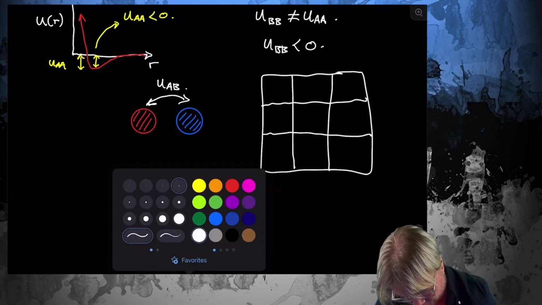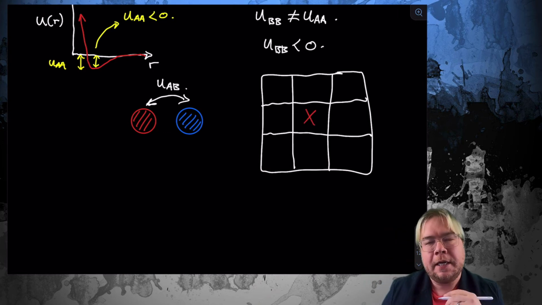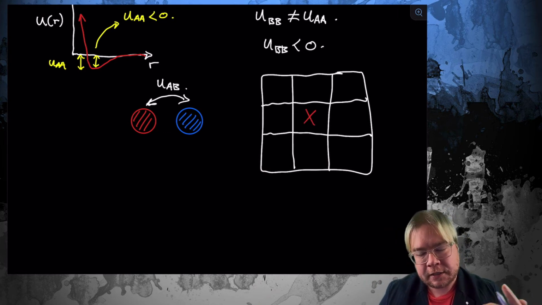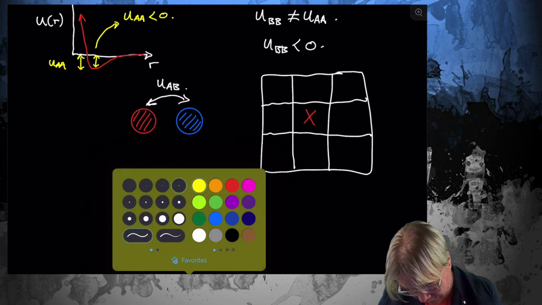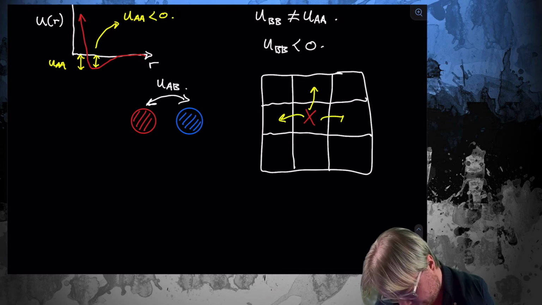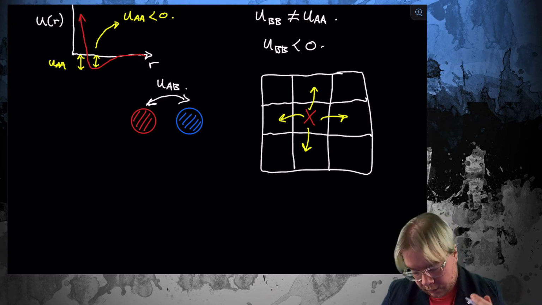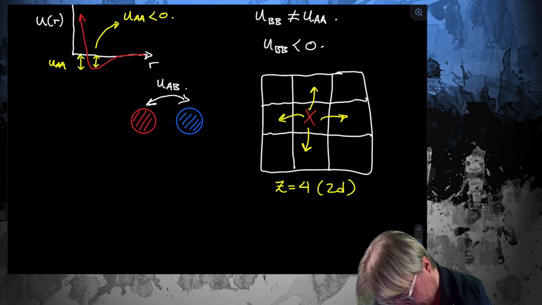So to be a little clearer, let's say that here is one of my A particles, then I want to get an idea of what the interactions are with that particle and all of its neighbors. Well, if I do that, I'm going to have an interaction here, here, here, and here in 2 dimensions. So there's going to be a coordination number, which is equal to 4 in 2D.